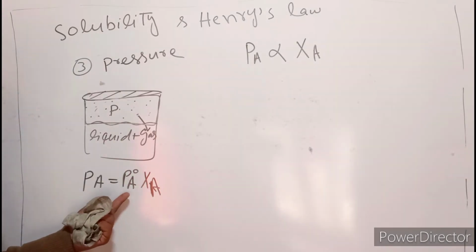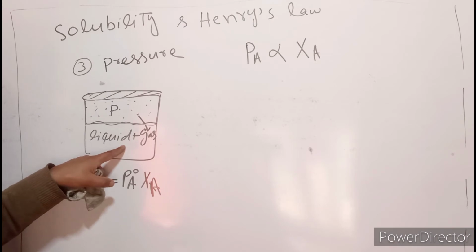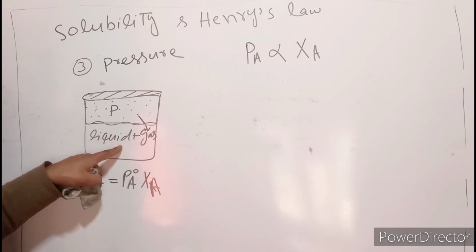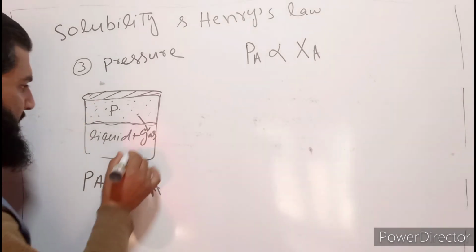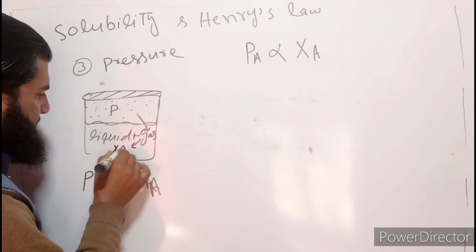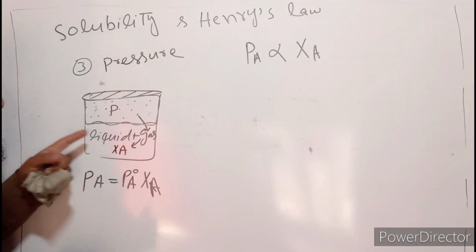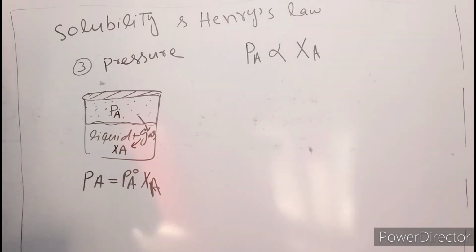Here it means that if the mole fraction of anything increases in a solution form, its vapor pressure increases, for example, here the gas mole fraction is that. Clear? And here the pressure is that.